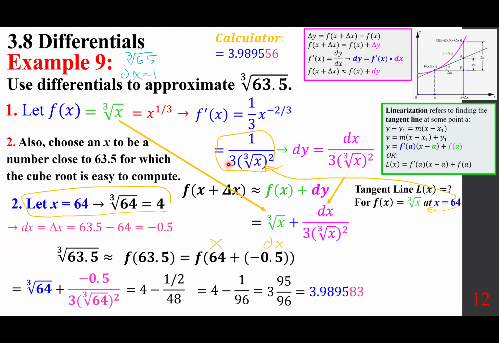So 1 over 48 is the slope. We are going to use this formula, y minus y1. That means y minus 4 equals m, that means 1 over 48, times x minus x1, meaning x minus 64. If you distribute and simplify, you get y, or L of x, is 1 over 48 x plus 8/3. That's the tangent line, everybody.